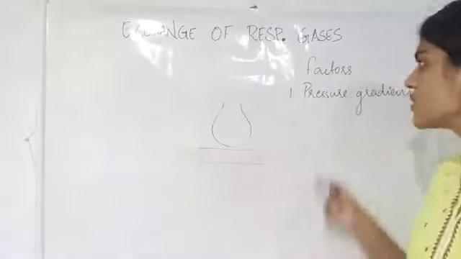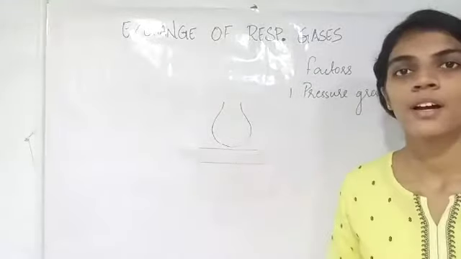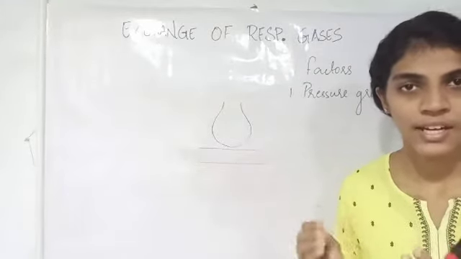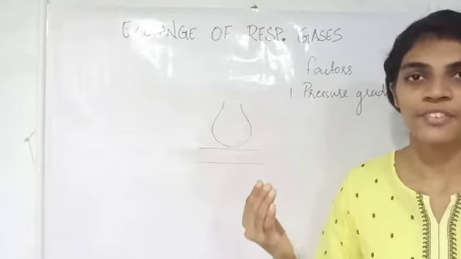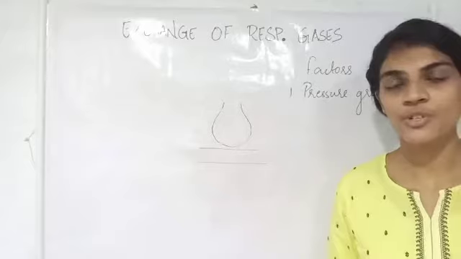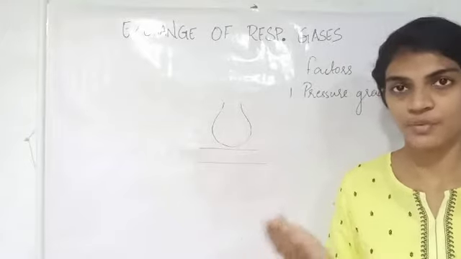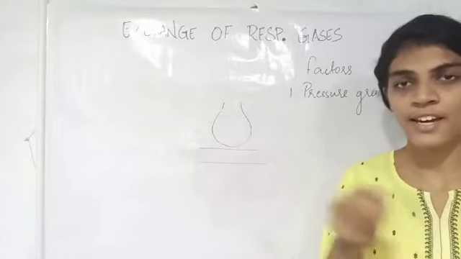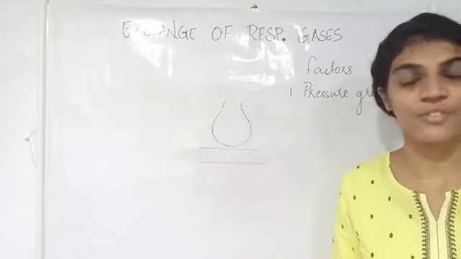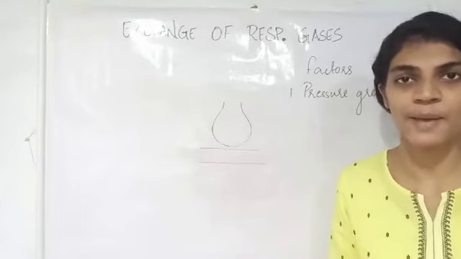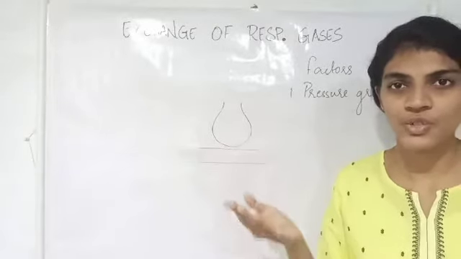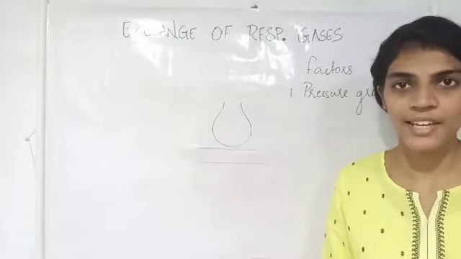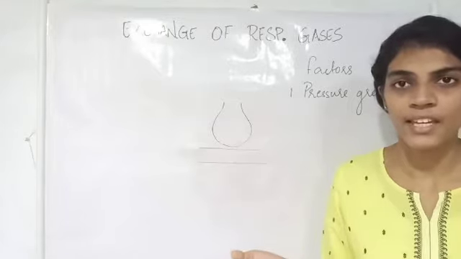So the first factor which affects the diffusion is pressure gradient. If the pressure gradient is higher, that means if there are too many gas molecules on one side of this membrane, and few gas molecules on the other side, what happens? The diffusion will be maximum. If these two pressures are in equilibrium, there won't be any diffusion.